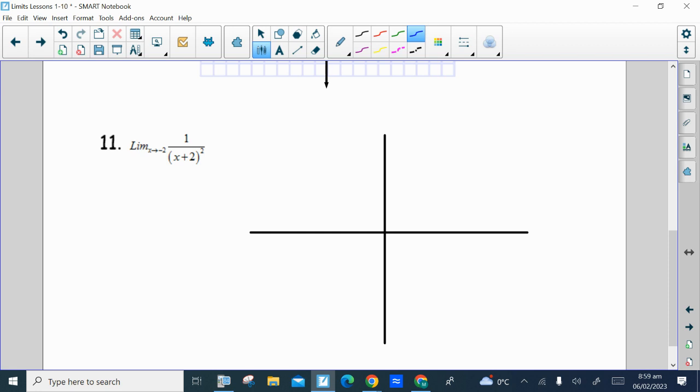You are going to have a non-permissible value here of -2, because when x is -2, -2 plus 2 is 0, squared is still 0. And so because of that, you're going to have a vertical asymptote at -2.